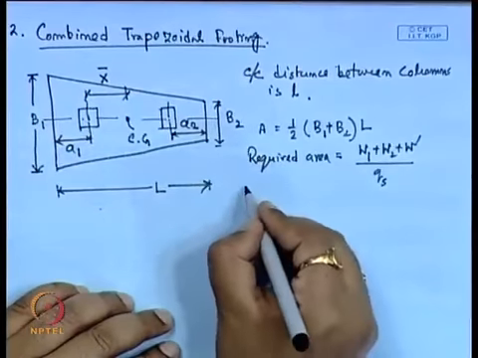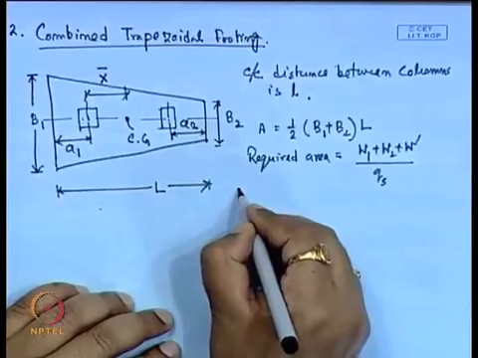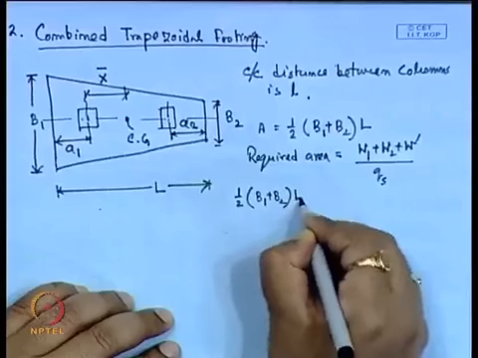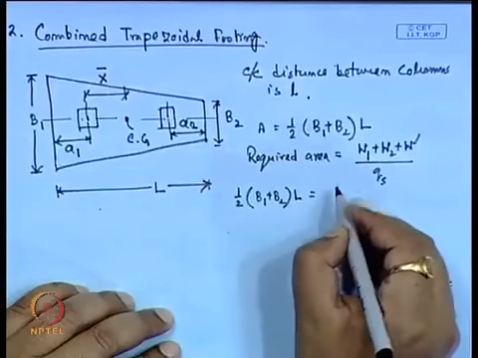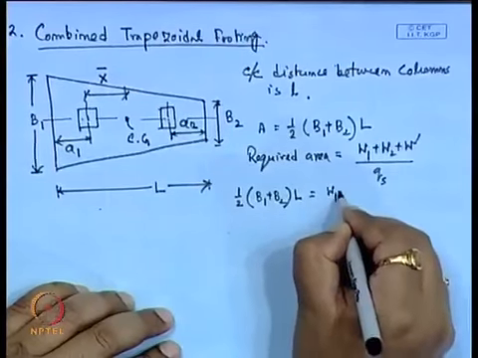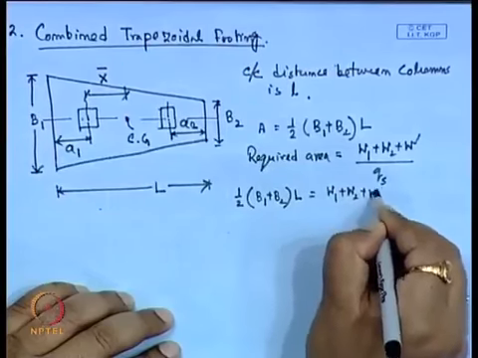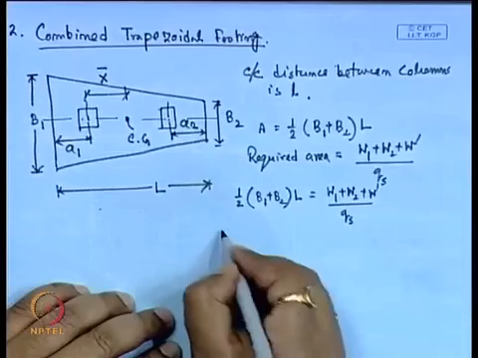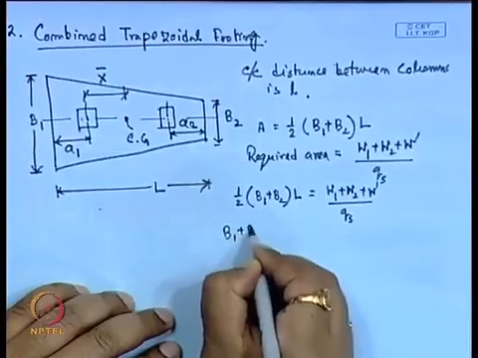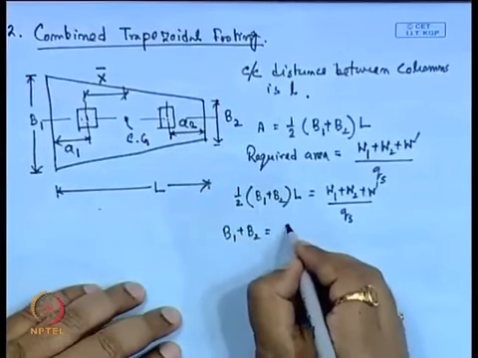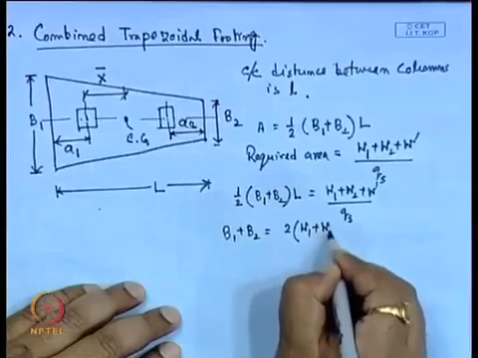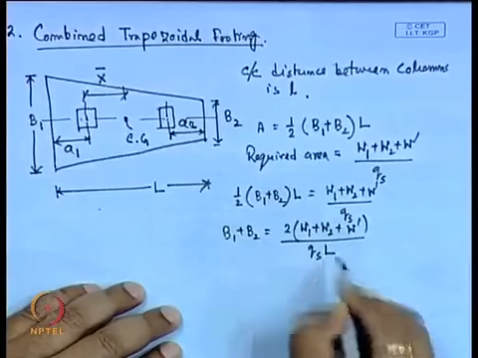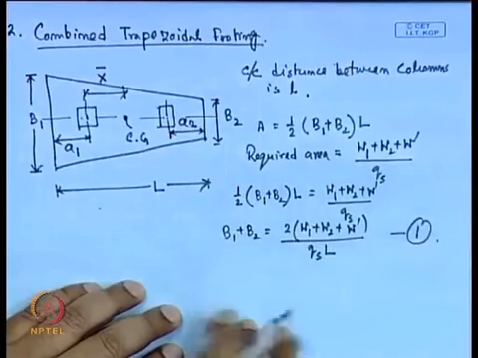So now we can write that half of (B1 plus B2) into L is equal to (W1 plus W2 plus W') divided by Qs, or B1 plus B2 is equal to 2 (W1 plus W2 plus W') divided by Qs into L. So this is one expression.